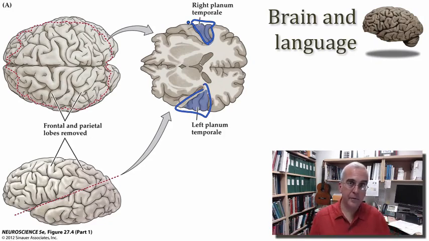Now, a simple interpretation of this is perhaps this asymmetry in planum temporale size is what instantiates our Wernicke's area in the left temporal associational cortex. Well, for a variety of reasons, we think it's not quite that simple.